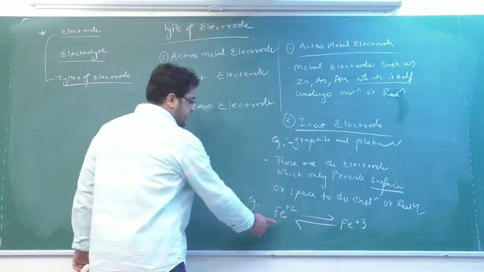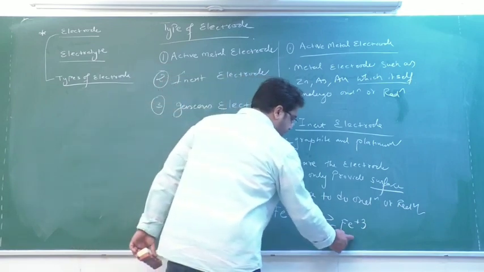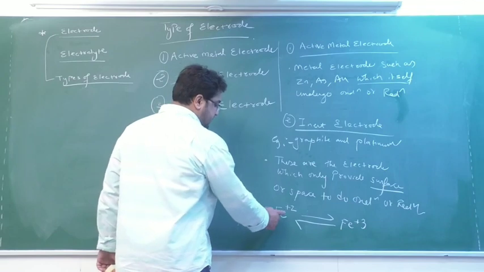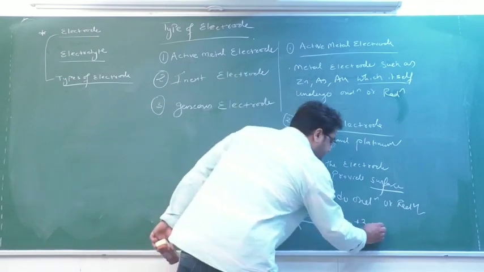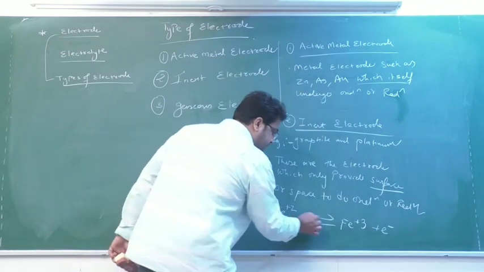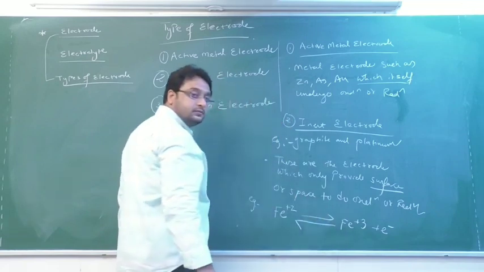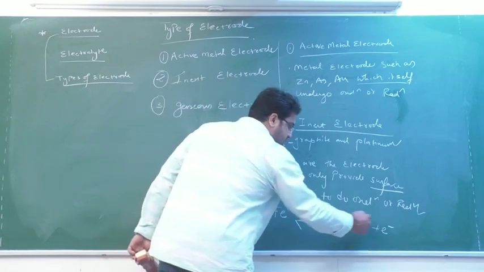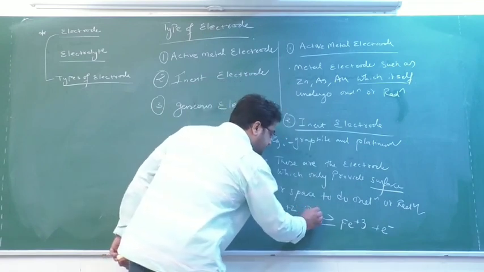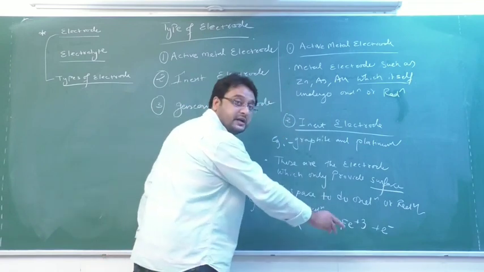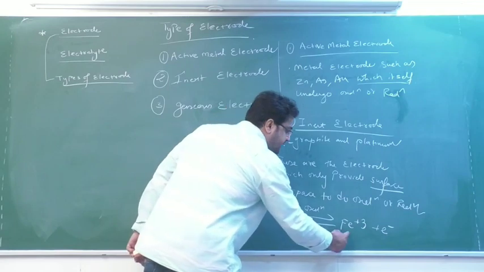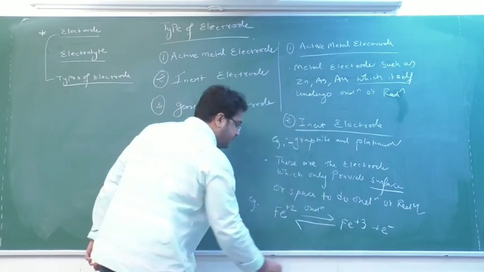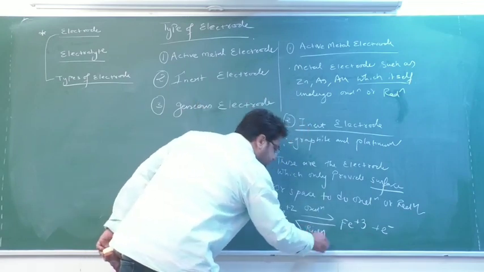Here Fe2+ is converting into Fe3+. You can see the electrons will be lost if I go in this manner, yes or no? If I consider the forward reaction, this is oxidation. But if I consider the reverse reaction, Fe3+ is gaining one electron and converting into Fe2+. That is reduction, yes or no?